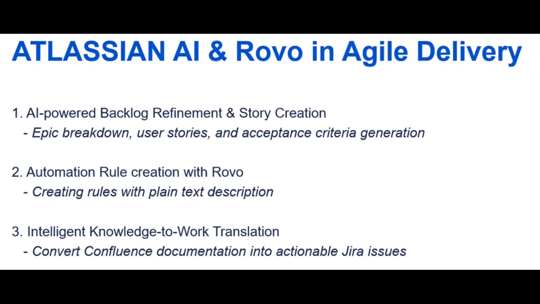Second, how Rovo simplifies automation, allowing teams to create Jira rules using plain language descriptions instead of complex configurations. And finally, how AI helps translate knowledge into action by converting conference documentation directly into executable Jira work items. Let's get started.